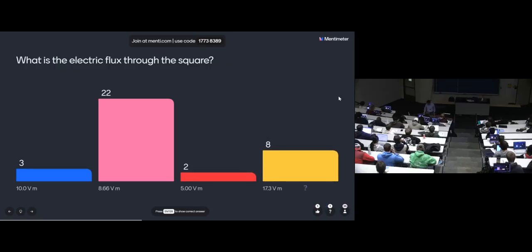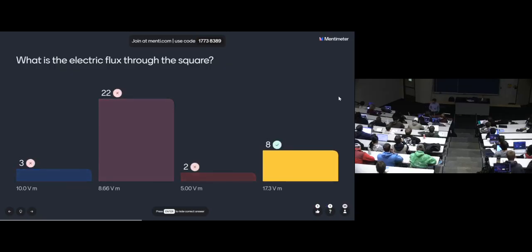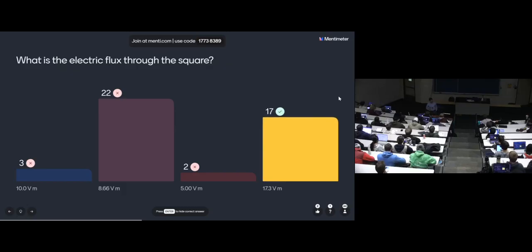Aha. I think I'm going to surprise most of you. It's equal to 17.3. Thank you for those of you who jumped in afterwards. 17.3 voltmeters, or Newton, whatever we said. Why is it 17.3 and not 8.66 like the majority of you stated?